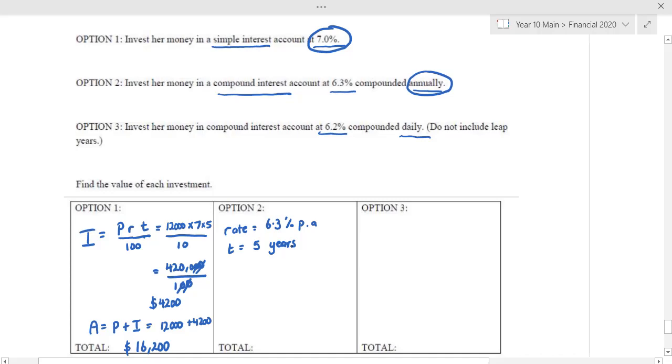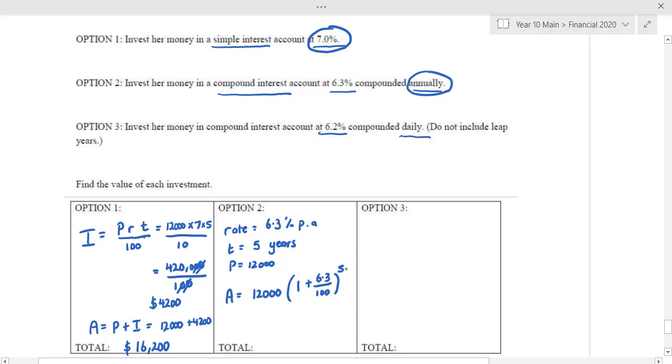And let's go ahead, we've got $12,000 as our principal. Let's use the compound interest formula. It's going to be 12,000, and the rate, well, it's just 6.3 over 100. Okay, and then we're doing that over 5 years.